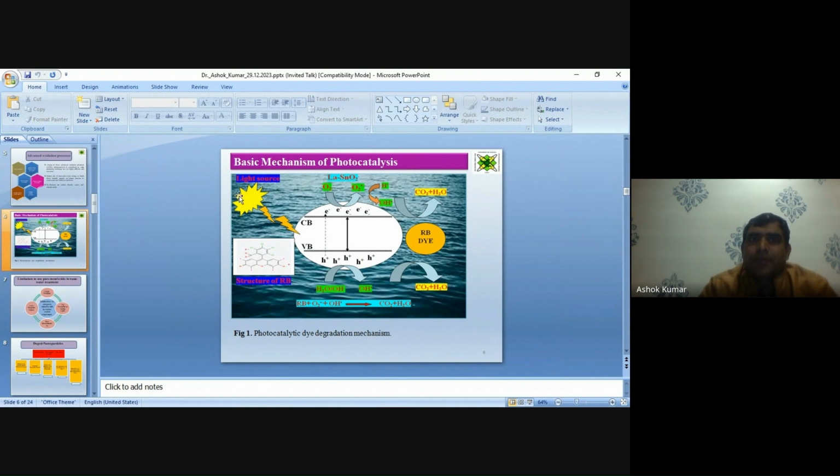When light falls on the material, there is transfer of electrons from the valence band to the conduction band, so we have electron-hole pair generation. These holes react with water and produce OH radicals, and electrons react with oxygen and produce oxygen radicals. These radicals directly interact with the dye and further degrade it, and the final products we get are carbon dioxide and water.